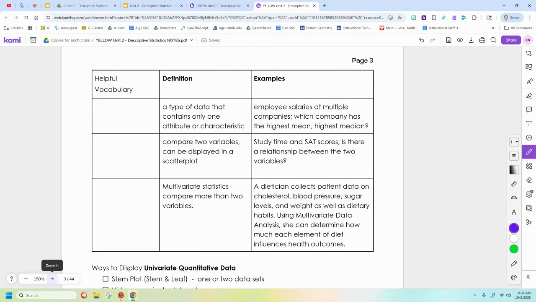And although we had 2 dudes, we were playing with data that has only one attribute or characteristic. Home runs is one attribute. So we call that univariate data. UNI and then variate. Univariate.